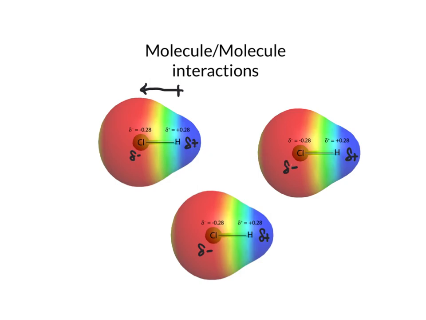So plus to minus, plus to minus, plus to minus, and the HCl molecules are going to arrange themselves and align themselves so that that interaction can occur. Remember that that is an attractive interaction, and attractive interactions lower the energy of the system.